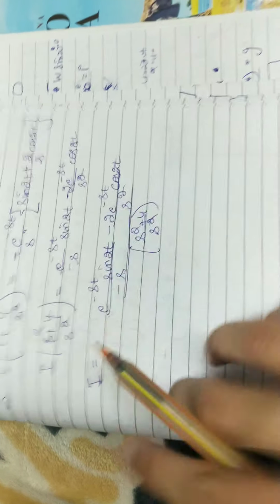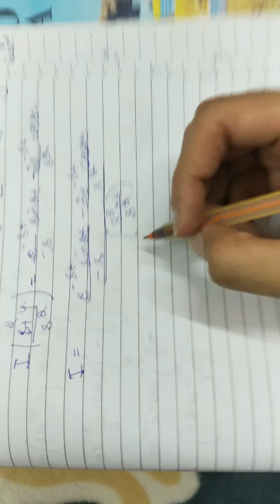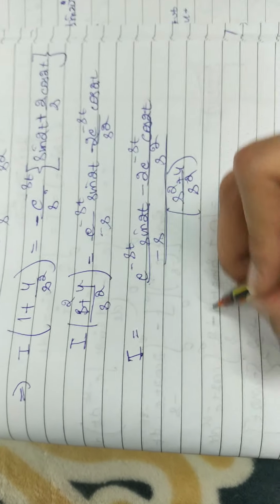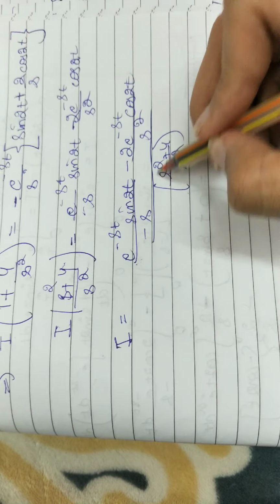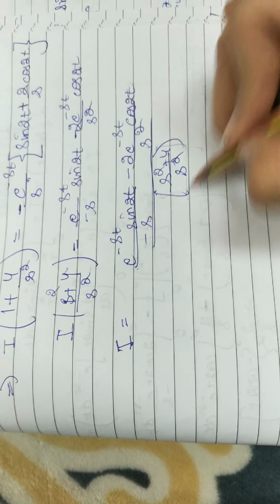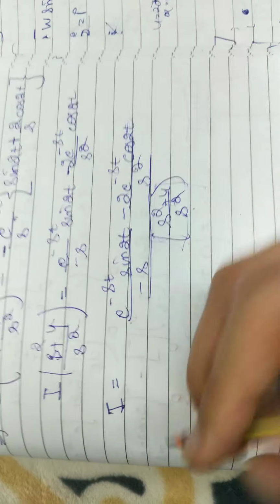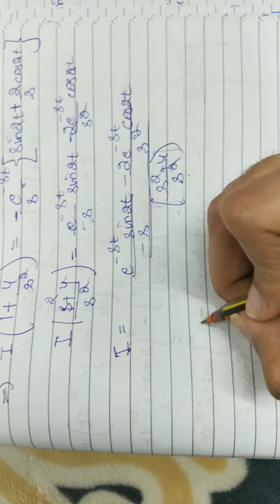Now let's put the limits in order to find the Laplacian. The limits were from 0 to infinity, right? So now when we put the limits from 0 to infinity, this denominator that we have is a constant, so it gets taken out.